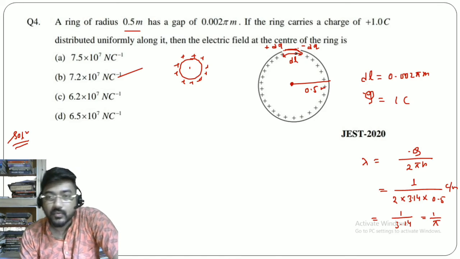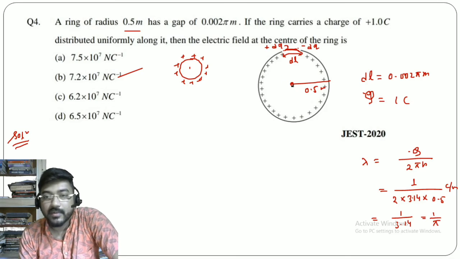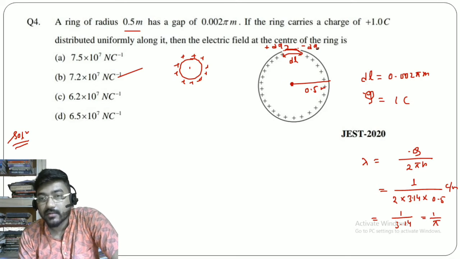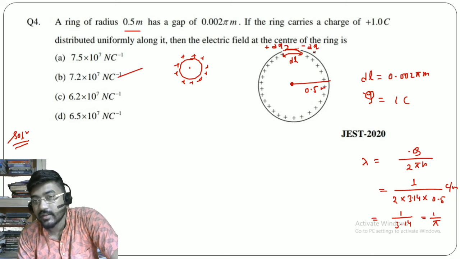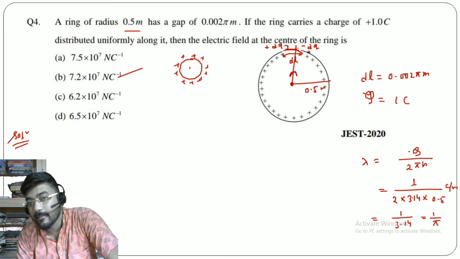Now you just take this plus dq to continue this ring, and due to this plus dq the electric field at the center is 0. But this minus dq charge is now separate, and for this minus dq charge the electric field will be along this direction, because it is the negative charge.